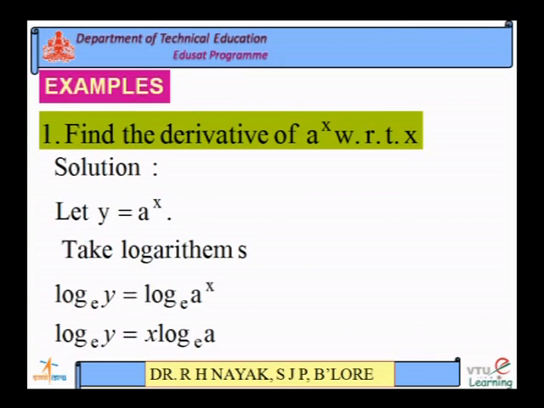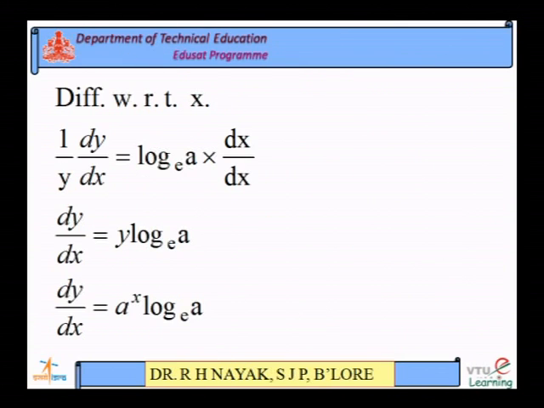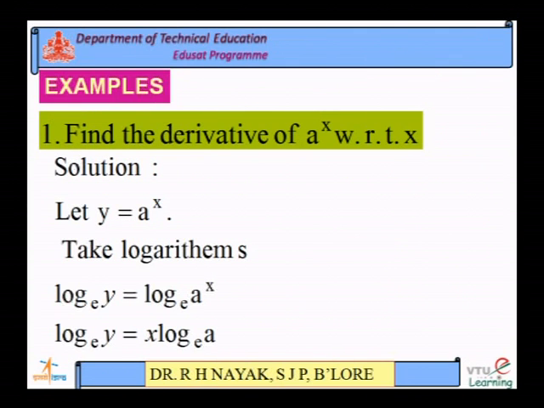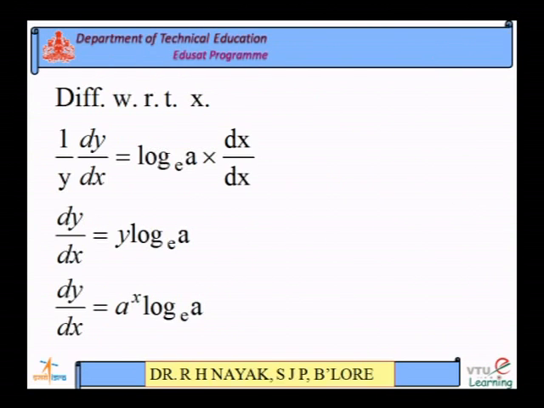First step, we have to take log on both sides, is it right? We have taken log on both sides, it will become what? Log y is equal to log of a to the power of x. Then it will become log y is equal to x log a, then it is differentiated. So, when we differentiate log y, we will be having 1 by y into dy by dx, correct.